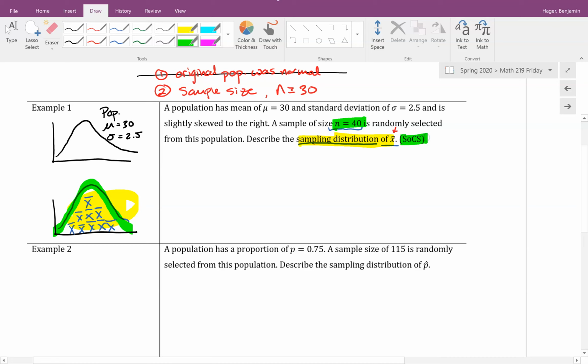So let's describe SOCS. Let me just write a little note. Since n equals 40, which is greater than 30, the central limit theorem tells us that the distribution of x bars is normal.